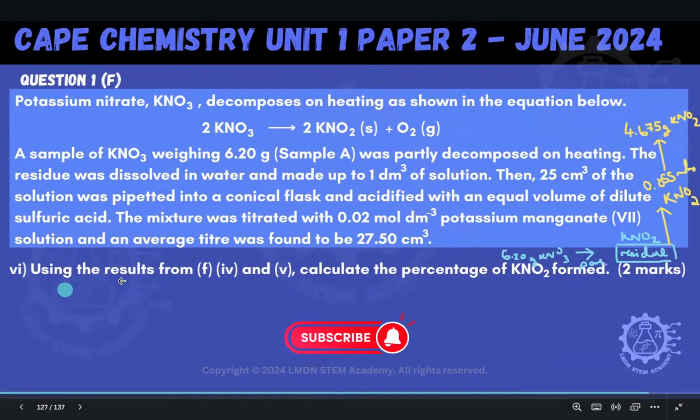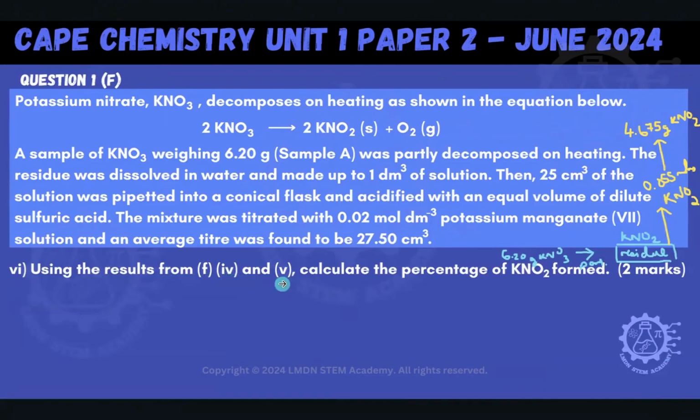This part of the question now says, using the results from parts 4 and 5, calculate the percentage of KNO2 formed. Previously we found the mass formed from the partial decomposition, which was the one we did the titration on.